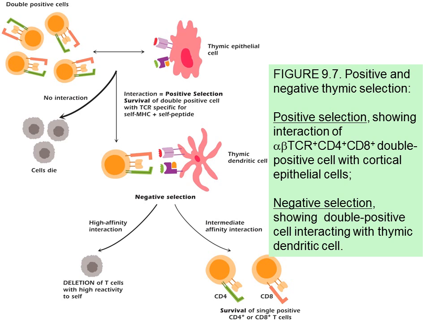So we want to make sure that that kind of high affinity for your own self are deleted. So they basically will be deleted from the system. The second thing, it will pick up those which will have an intermediate affinity interaction and let them survive into the system.